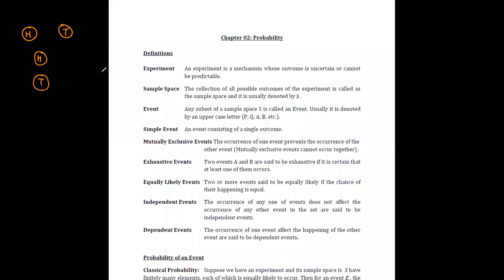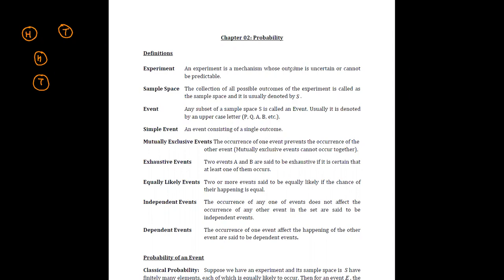Therefore, an experiment is a mechanism. Here, the mechanism is flipping or tossing the coin, whose outcome is uncertain. We know the outcome is either head or tail, but there is uncertainty because we cannot say exactly whether we are getting head or tail.